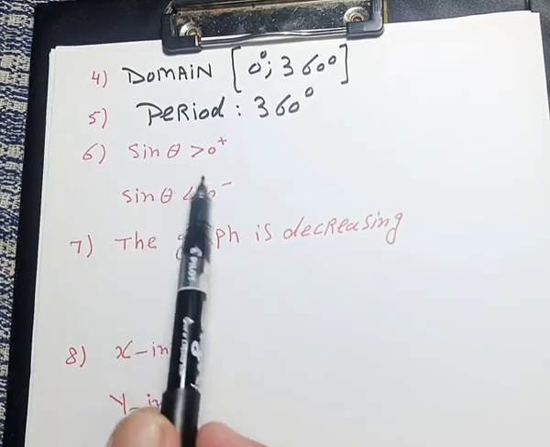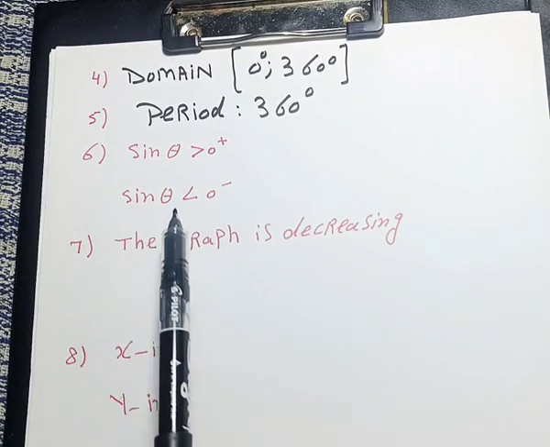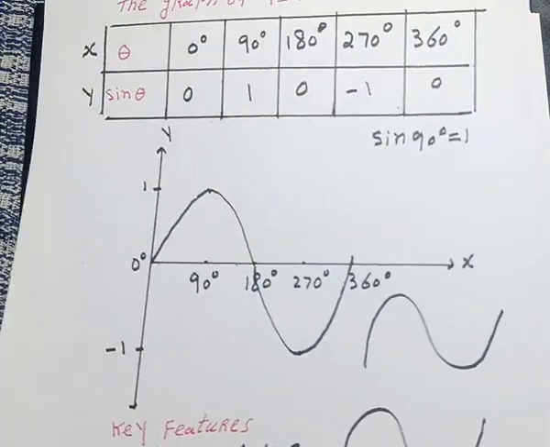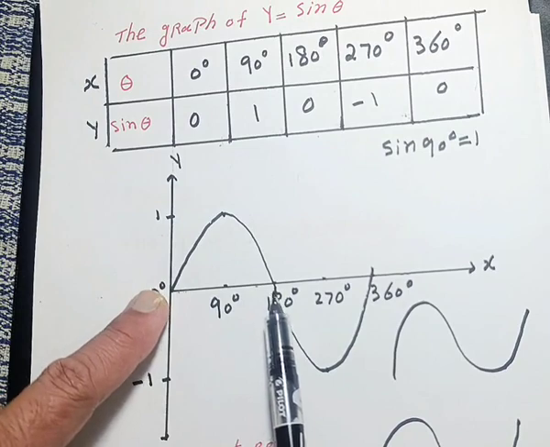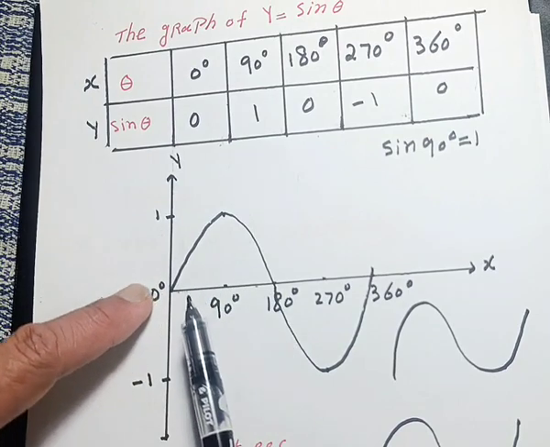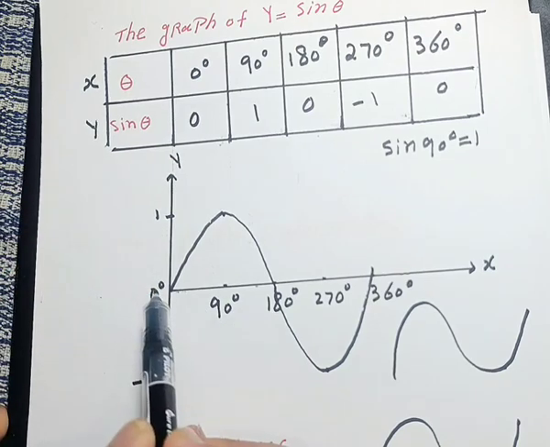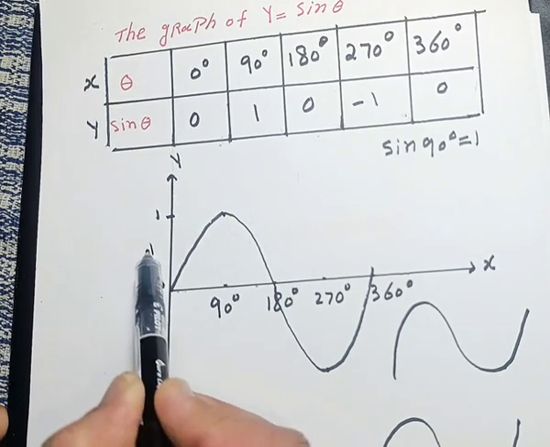Now sine greater than 0 means sine is positive, sine less than 0 means sine is negative. Have a look here. Where is the sine positive? Between 0 and 180 degree. Have a look, because the sine is lying on the positive y-axis. Must remember, from 0 degree to the top, the y value is positive.